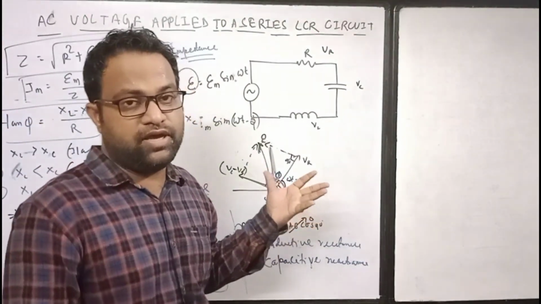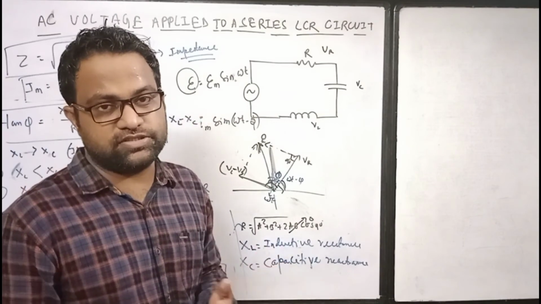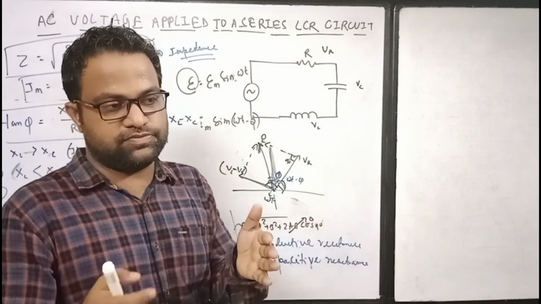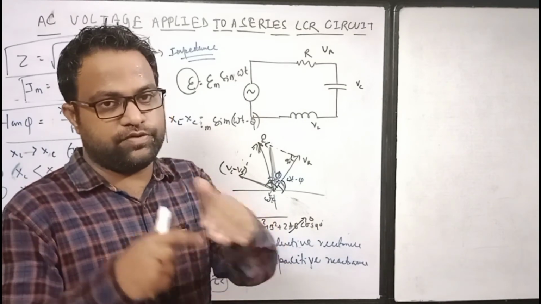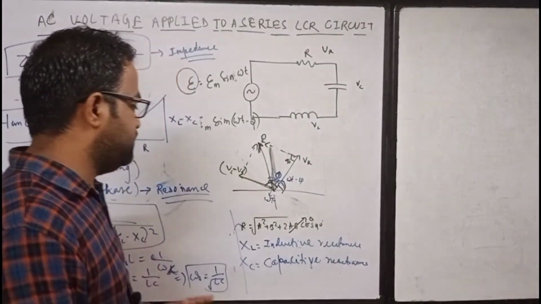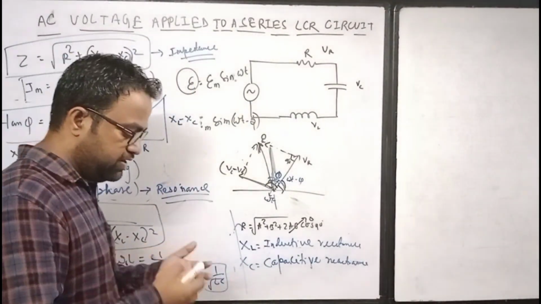It has a lot of uses in television broadcasting. They use resonance: different channels have different frequencies, and they resonate with each other, and we get a clear picture out of that. That is an electronics communication technique.